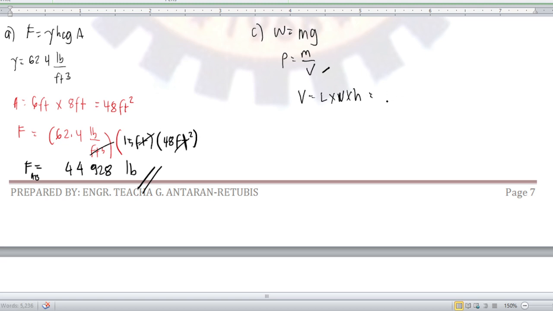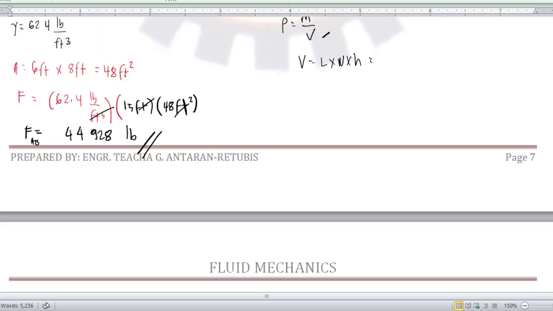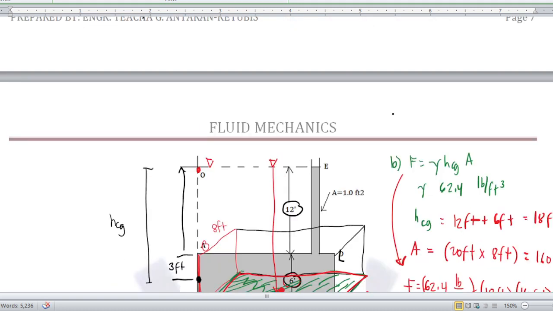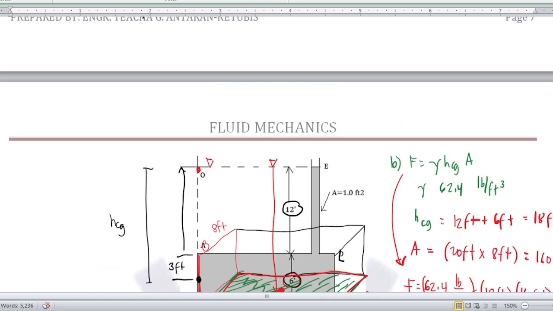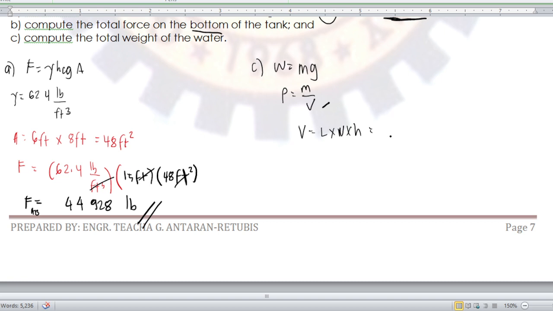Our length here is 20 feet, your height is 6 feet and your width is 8 feet. So we can have 20 feet times 6 feet times 8 feet. So 20 times 8 times 6, we have 960 cubic feet.